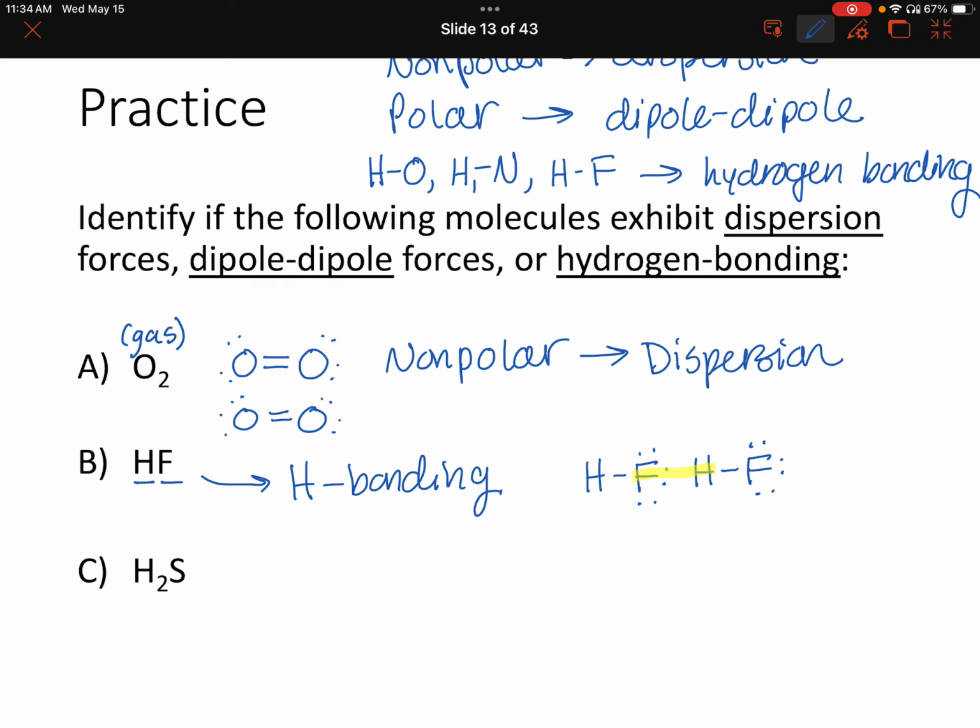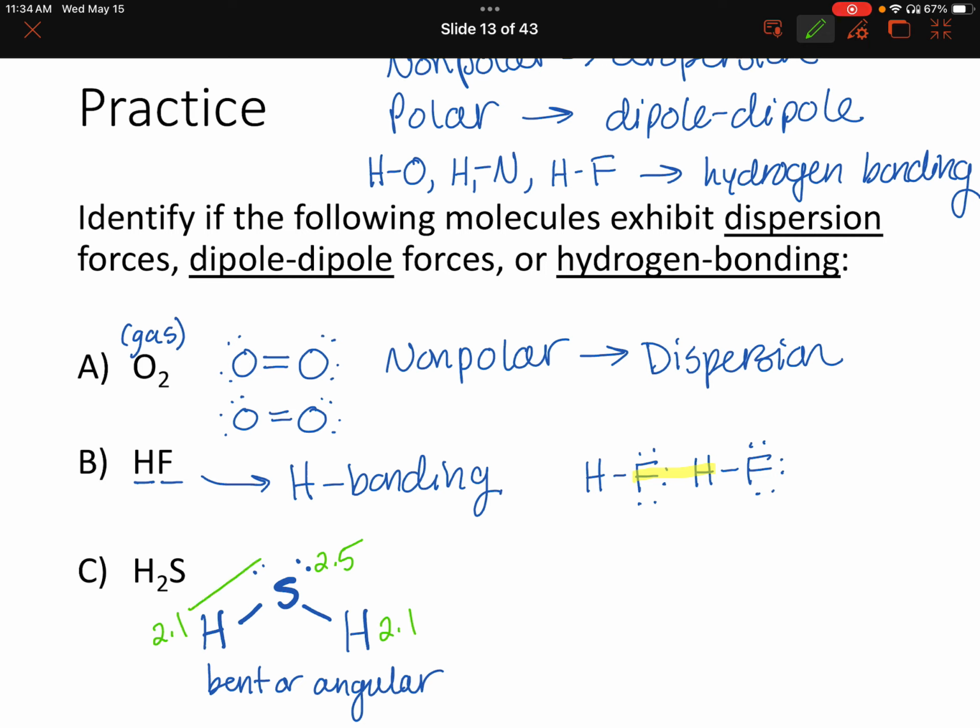All right, and then let's look at H2S. So this is going to look pretty similar to the structure for water. So we're going to see that bent or angular shape. And if we look up the electronegativity values, sulfur is 2.5, hydrogen is 2.1.